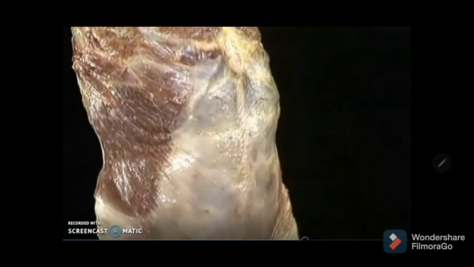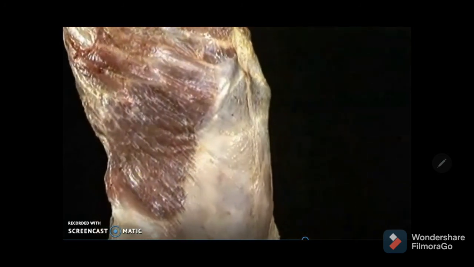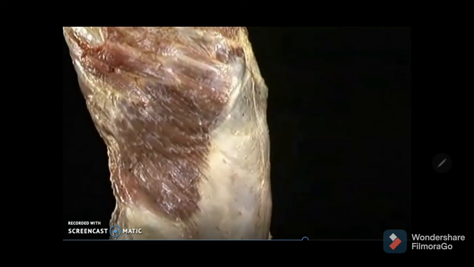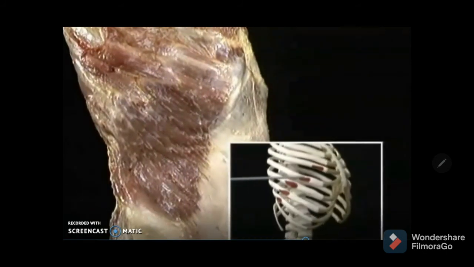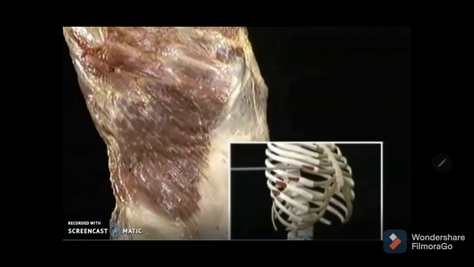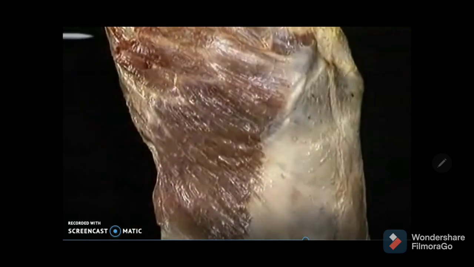Now coming to the dissected specimen of the external oblique. Here you can see external oblique coming from the lower 8 ribs, then running downwards, forwards and medially. You can see there the serrated slips.